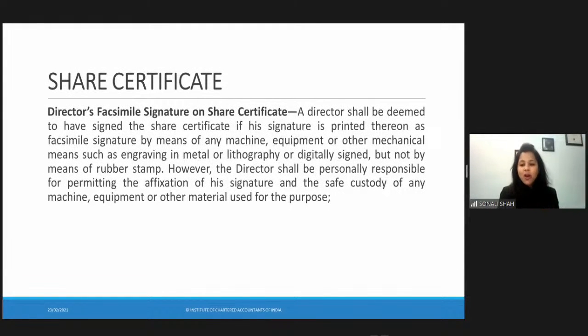Maybe for smaller companies where there are 3, 4, 5 shares, 10 shares, 100 shares, they can. But the number of shares that you get to see in a company is in thousands and lakhs. So it is not possible for a director to sign every share certificate. If the signature of the director is affixed by means of a machine, equipment, or any other mechanical means, it will be deemed that the director has signed the share certificate.